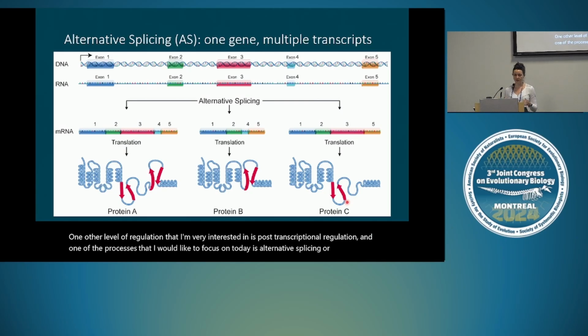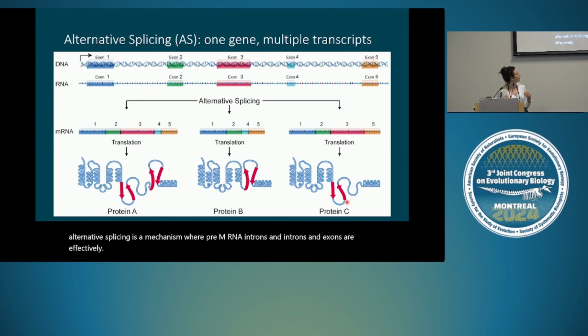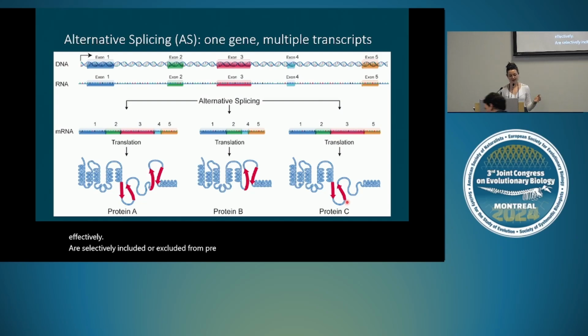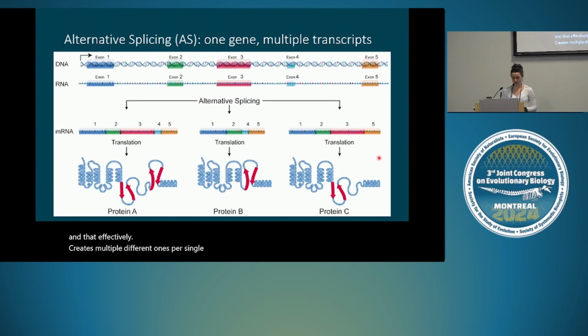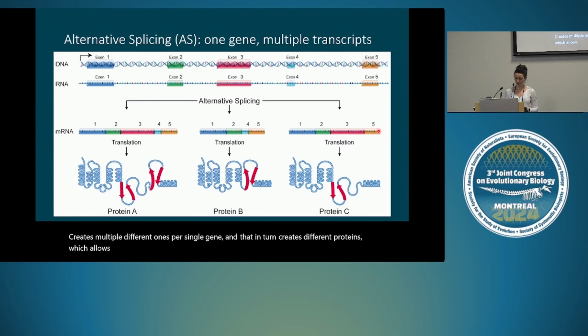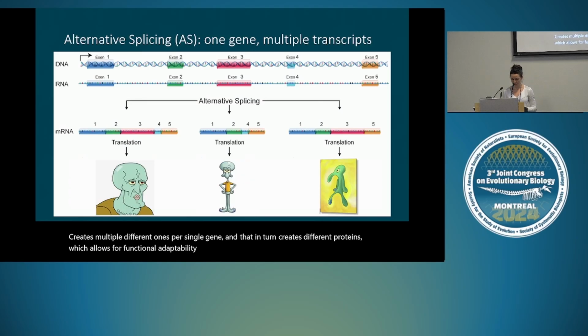So alternative splicing is a mechanism where introns and exons are selectively included or excluded from pre-mRNA, from RNA transcript isoforms, and that effectively creates multiple different ones per single gene, and that in turn creates different proteins, which allows for functional adaptability and phenotypic diversity.